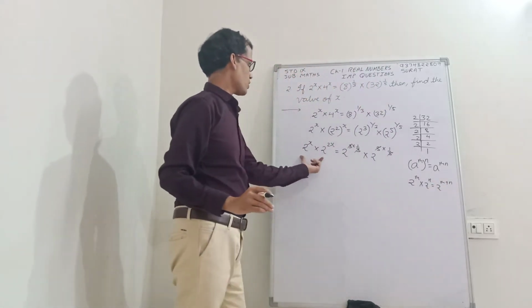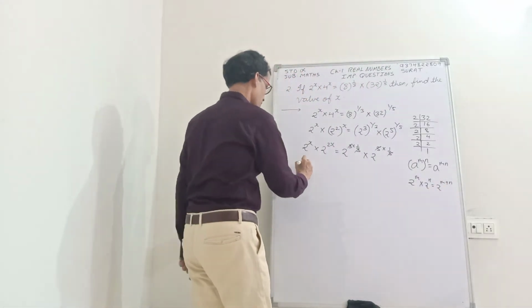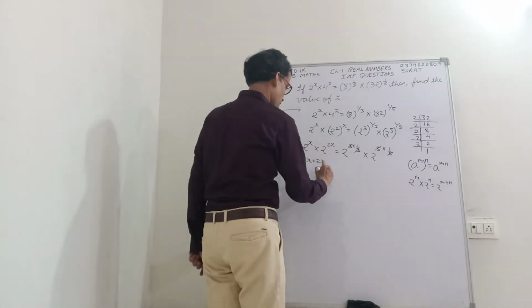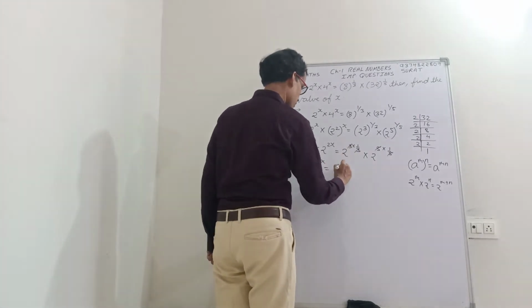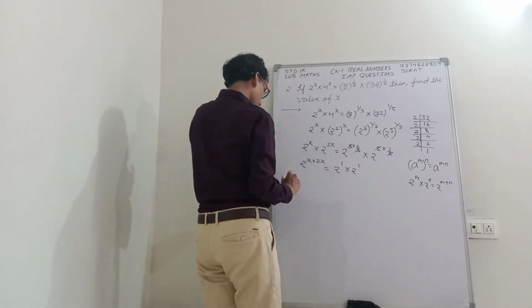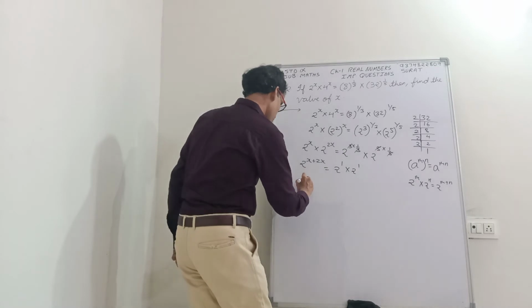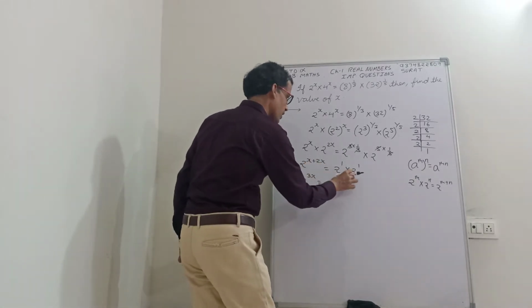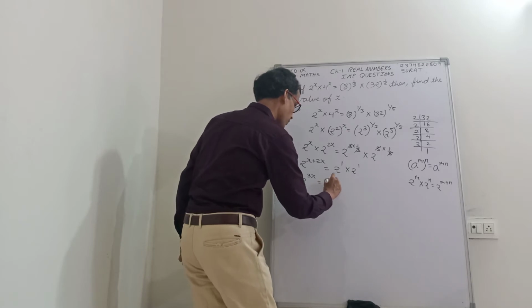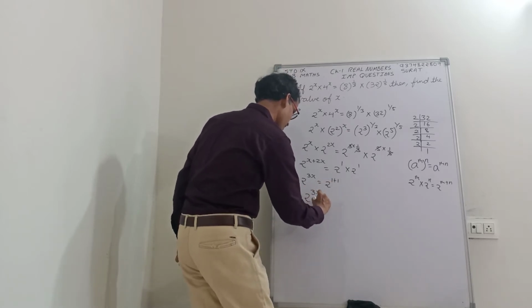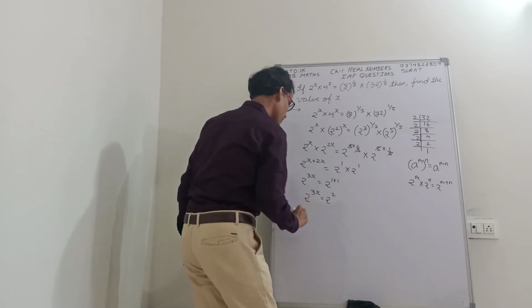So add the power: we get 2 power x plus 2x, equal to 2 power 1 into 2 power 1. So x plus 2x is 3x, and the base is same, so we get 2 power 3x equal to 2 square.